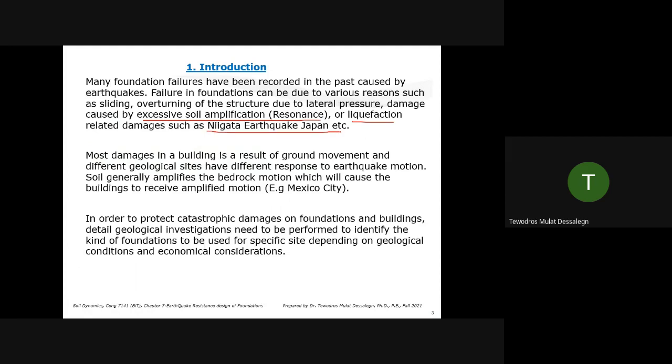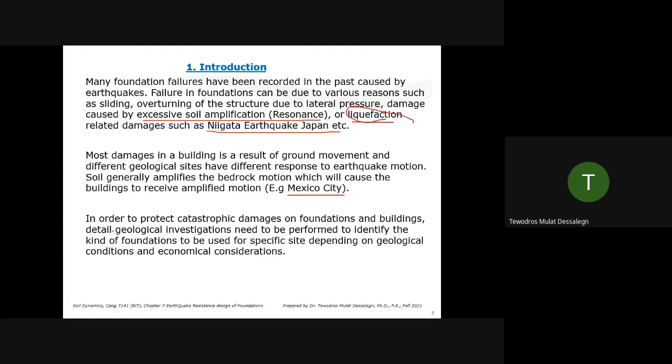Usually it's the ground, because seismic shaking comes from the ground, and the way the ground behaves is what affects the structure. You can have so many things: tilting, falling, or liquefying. We have also seen a resonance case in the Mexico City earthquake. We'll review those quickly because those are foundation failures, and we'll try to come up with some kind of solution so that in the future we don't have similar failures.